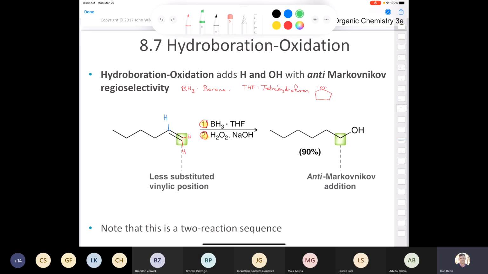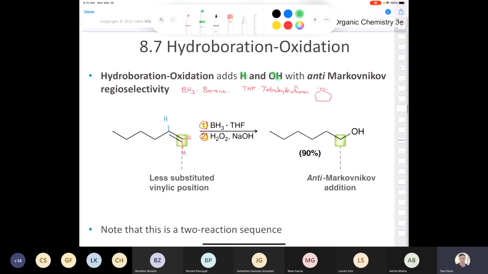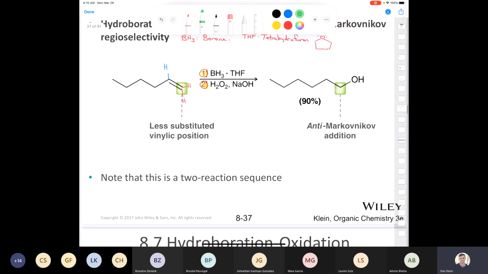Besides the regioselectivity being anti-Markovnikov, we also have to take into account the stereoselectivity of this reaction, because we're adding two components: a hydrogen and a hydroxyl. If you're wondering what I mean by the stereoselectivity, Mr. Dion? Let me show you.